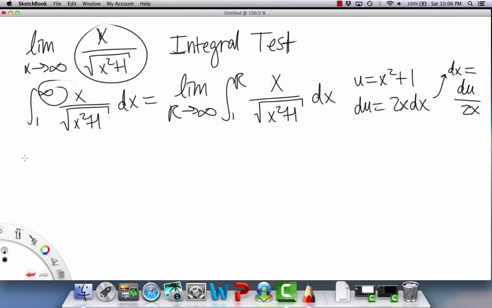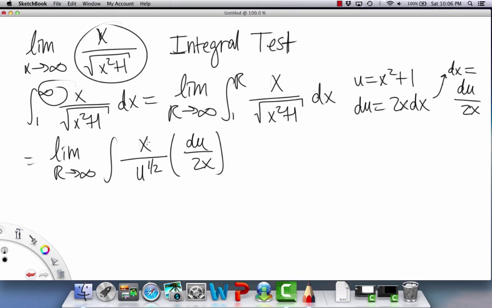So this comes out as the limit as R goes to infinity of the following: x over u to the 1/2, and then in for dx we're subbing in du over 2x. So then the x's cancel.